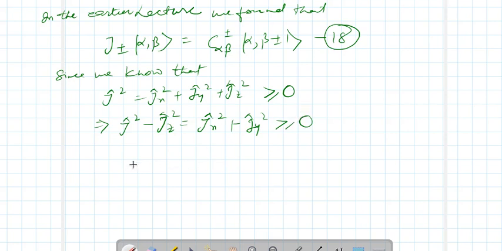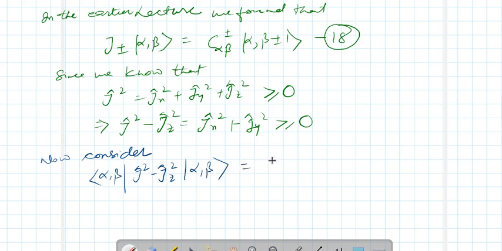Now I consider ⟨α,β| J² − Jz² |α,β⟩. It can be written as ⟨α,β|, and the eigenvalue of J² is ħ²α, and for Jz it is ħβ.